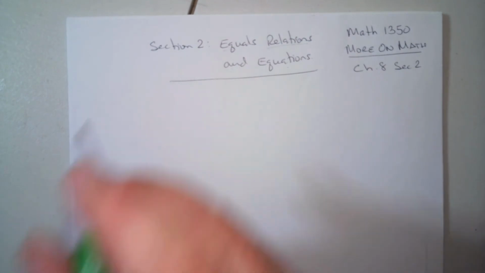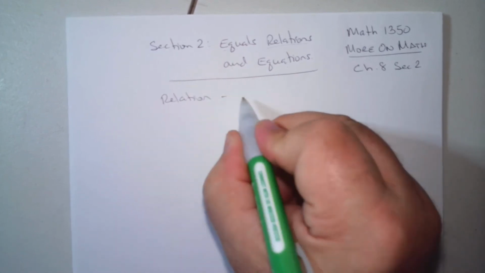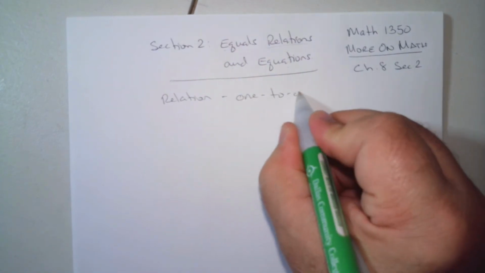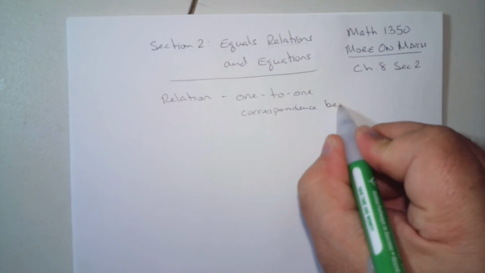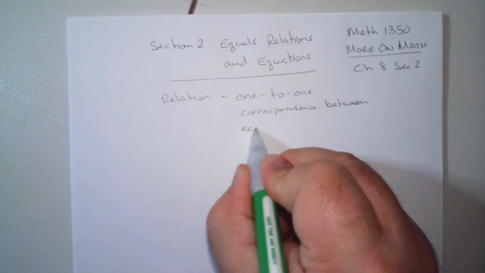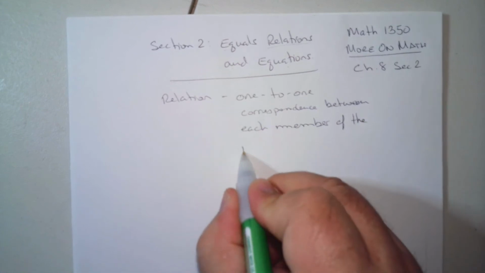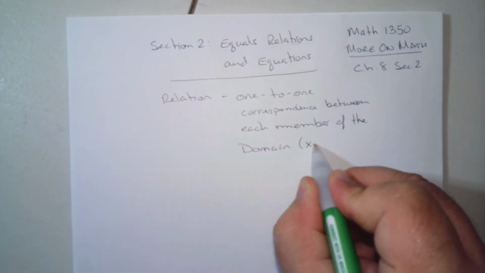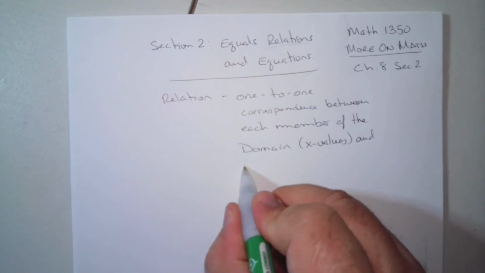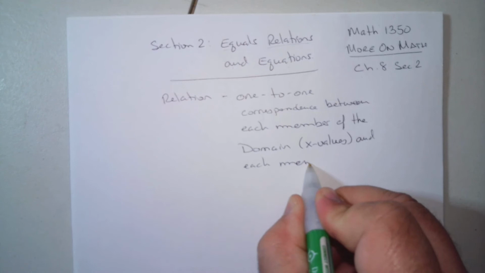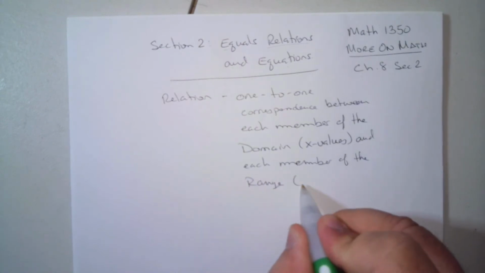A relation is called a one-to-one correspondence between each member of the domain, those are the x values, and each member of the range, or the y values.